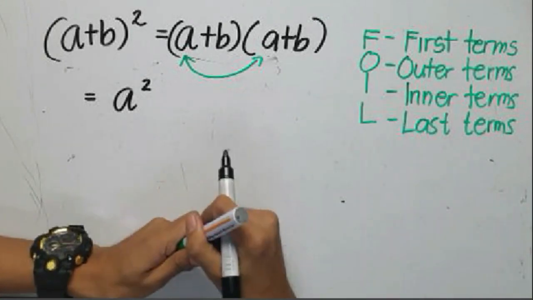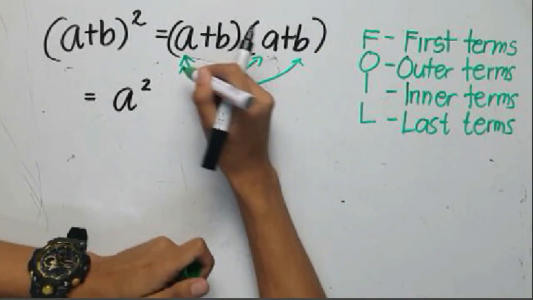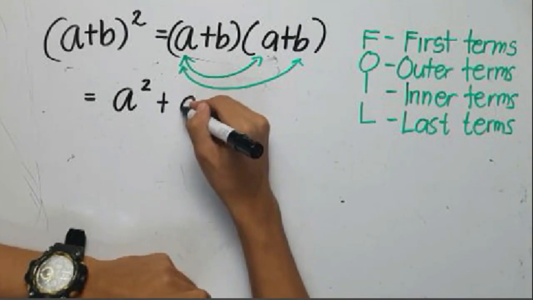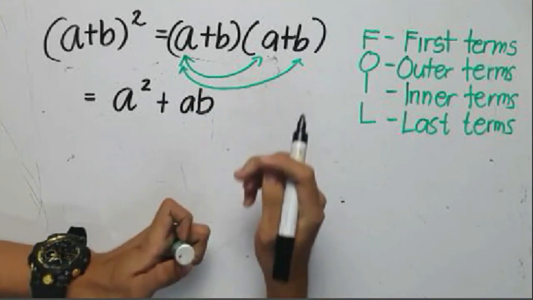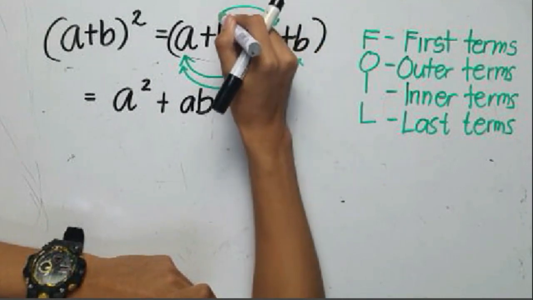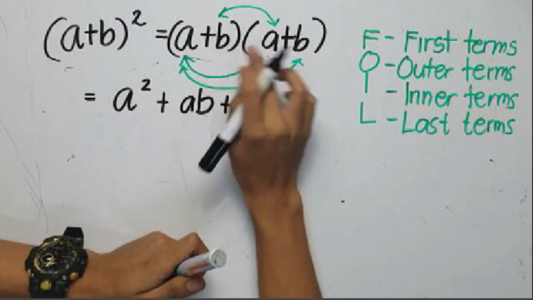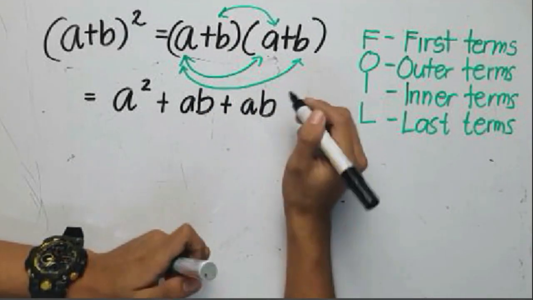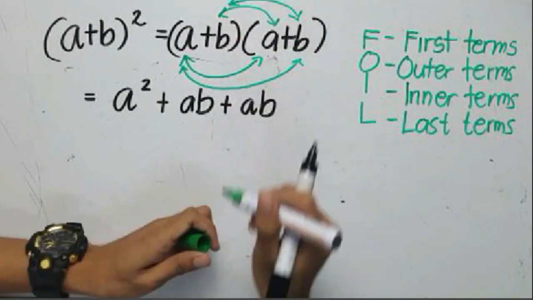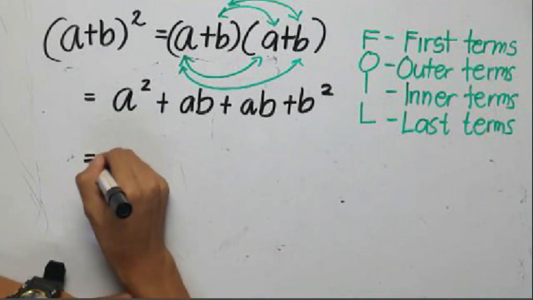Tapos, yung outer terms ay i-multiply din natin. So, that will be plus a times b. And then, we also have inner terms. Ito naman pinakaloob. Plus, ba, or pwede na natin balikan rin na ab na lang din. Okay? And then, the last terms, we have b times b. Or this is equal to b squared. Okay?